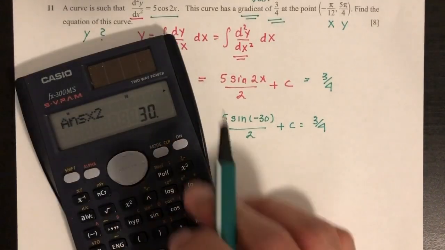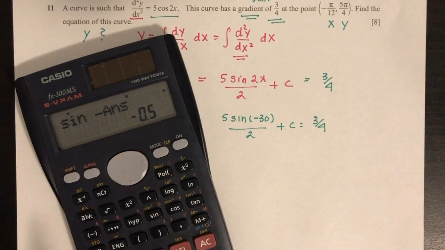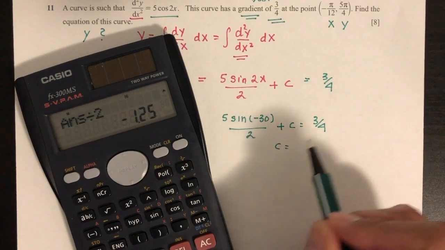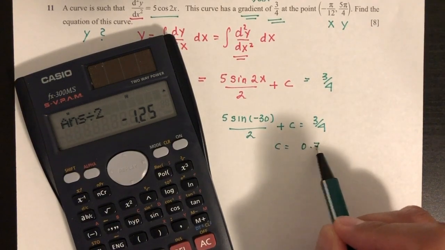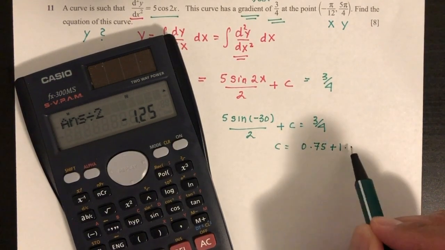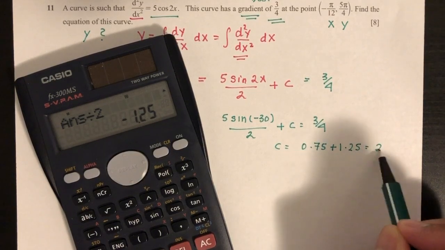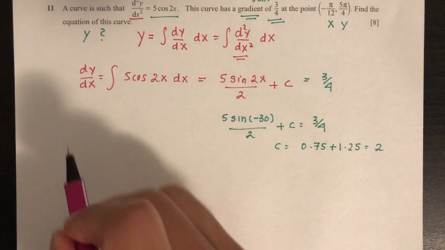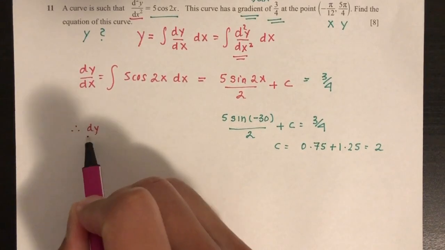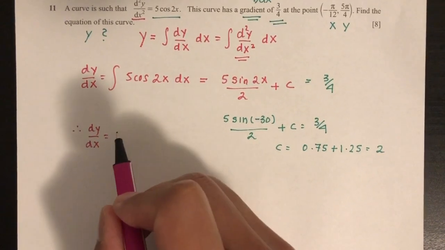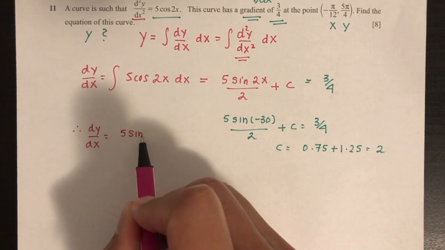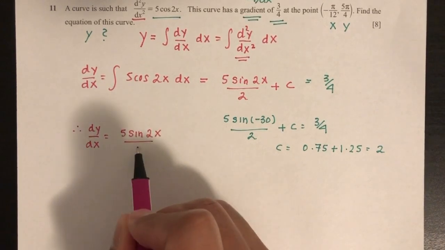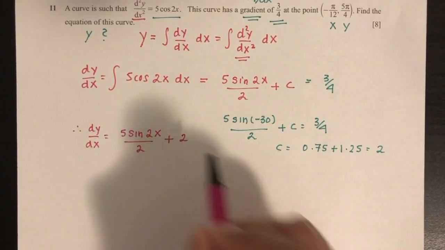So simplify. What is sine of minus 30? It will be minus 0.5 times 5 divided by 2. So c will be 0.75 plus 1.25. That will be 2. So the value of c will be 2. So right now we have dy by dx equal to 5 sine of 2x over 2 plus 2 for the value of c.